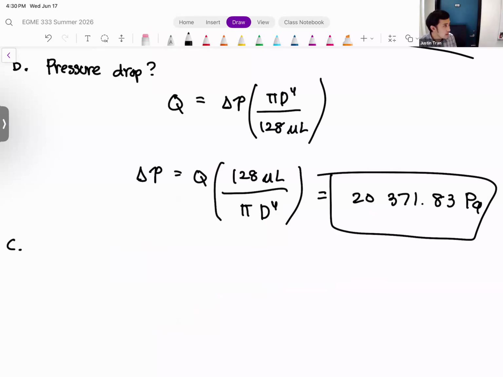All right, so let's start with the outlet. This one's very straightforward because of what we just solved for in the previous part: the difference in pressure between the inlet and the outlet is about 20,371 pascals.